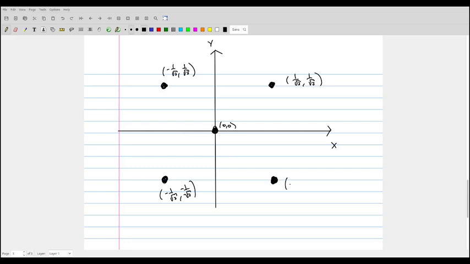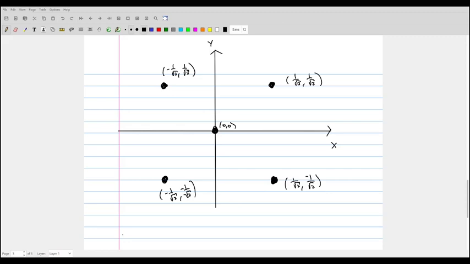And then lastly, the point positive 1 over the square root of 2, negative 1 over the square root of 2 is a critical point. So the solution to that system of equations gives us 5 total critical points of this function.